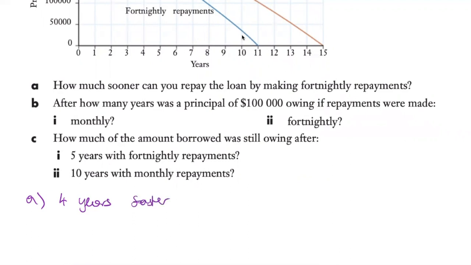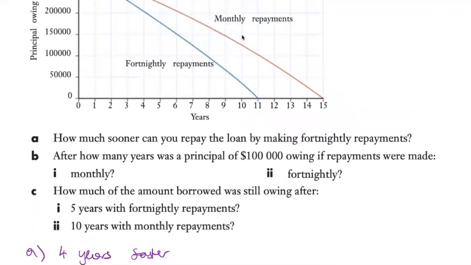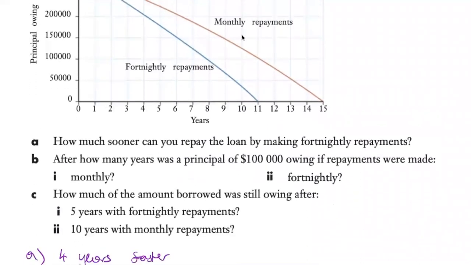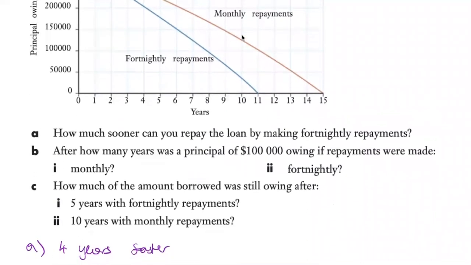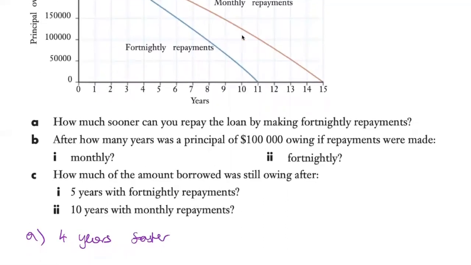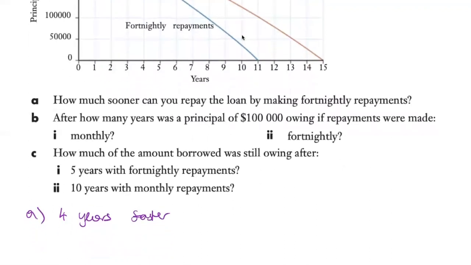That comes down to the fact that we are repaying more often before interest has a chance to be calculated, so we can knock the loan down faster. Particularly across a big loan term, that can make a significant difference in how quickly you pay it off.